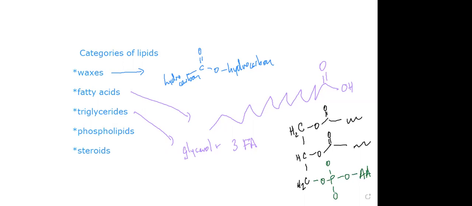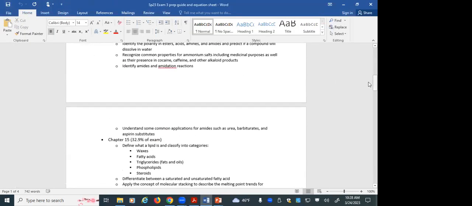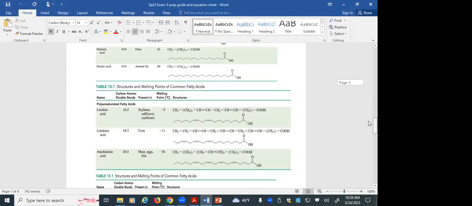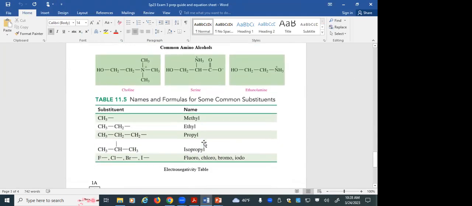And if you looked at the prep sheet, the study sheet, what you should see there under the materials, I'm giving you all of the different acids.